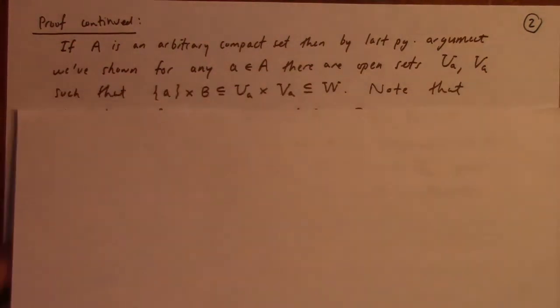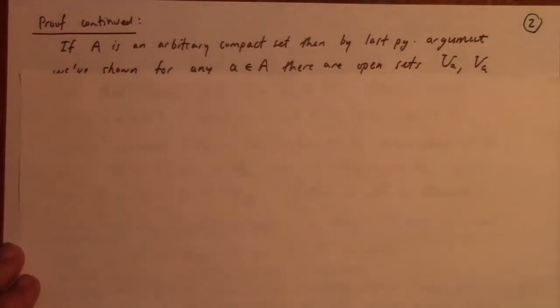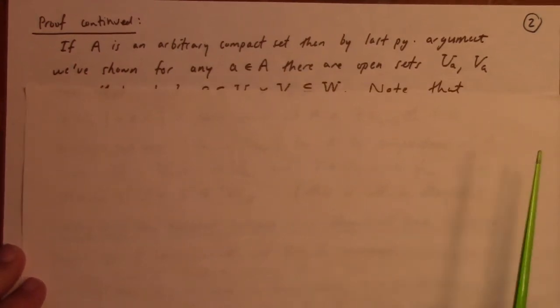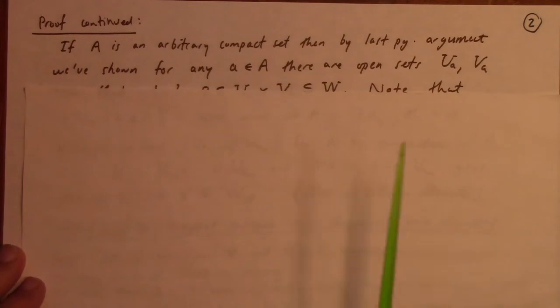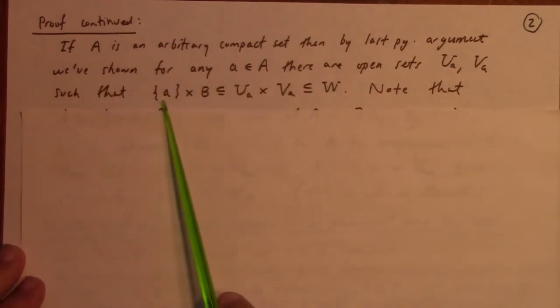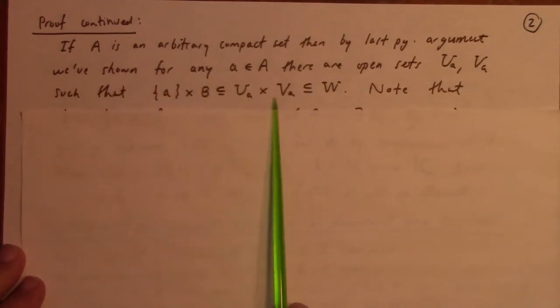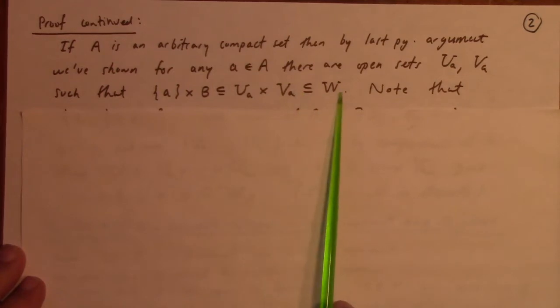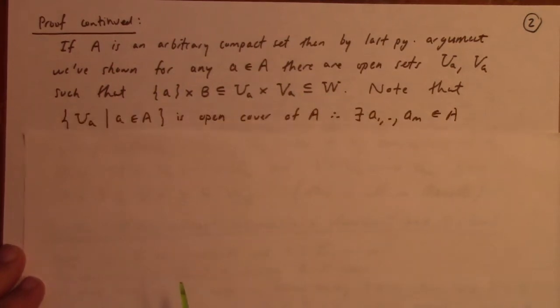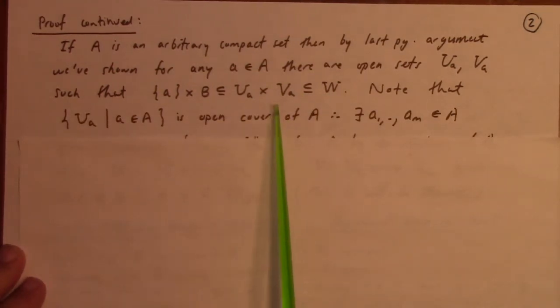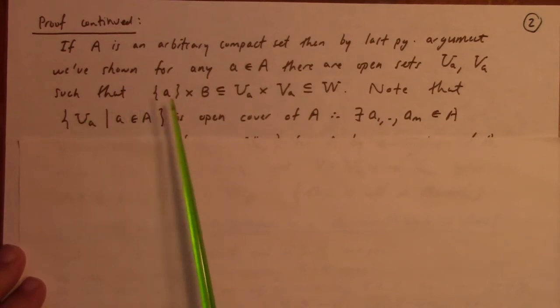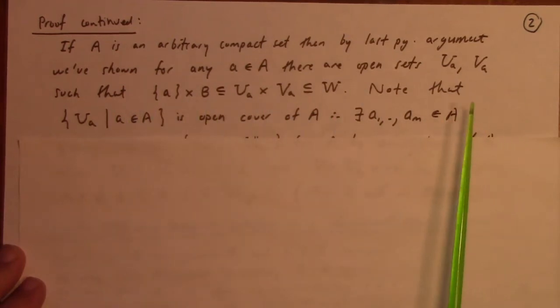Okay. If A is an arbitrary compact set, then by the last page's argument, we've shown that for any a, there exist open sets, let's say U_a and V_a, such that the singleton {a} cross B is a subset of the Cartesian product of these, which is a subset of W. But then we can use that, basically recycling the trick that was on the last page.